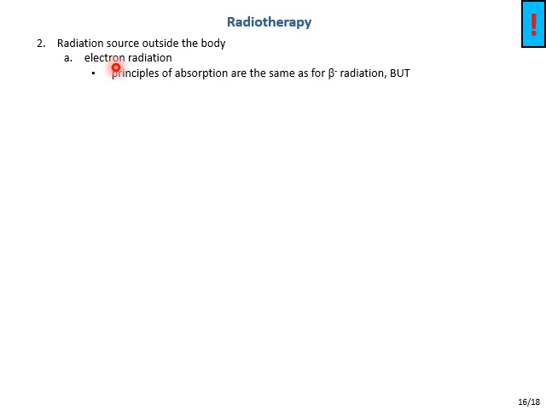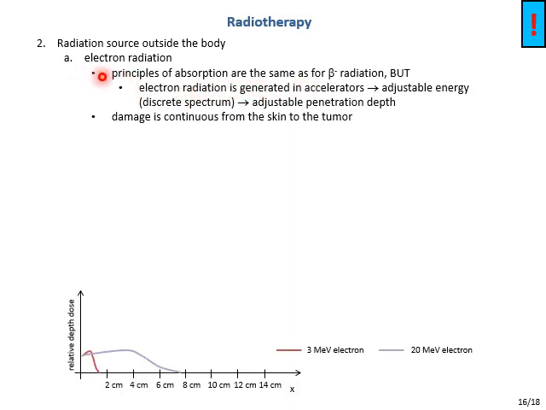The absorption and ionization properties of this electron radiation are practically identical to the properties of negative beta radiation, because negative beta radiation practically consists of electrons. But there are notable differences as well, due to the fact that this electron radiation is produced by particle accelerators, and by adjusting the voltage of the particle accelerator, the energy of the electron beam is also adjustable.